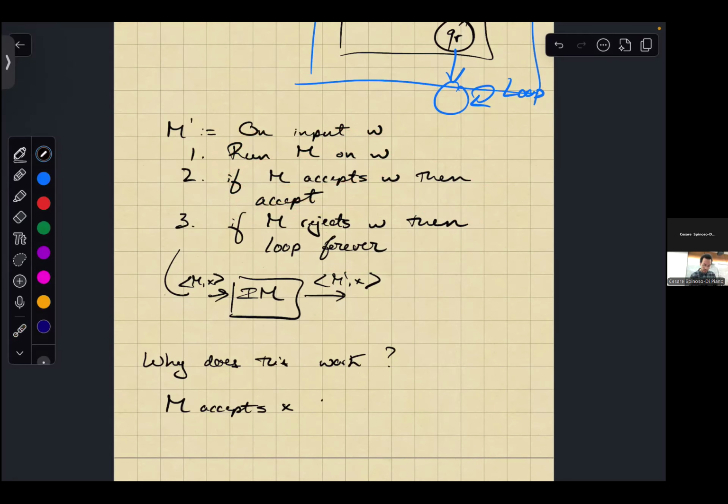So I have if and only if M prime halts, right? And so M prime halts on X, right? What that means is that my HP solver, remember, I'm using the HP solver, it's going to say yes in that case, right?